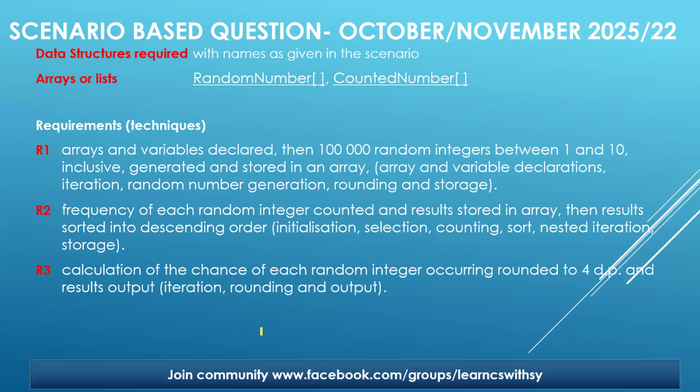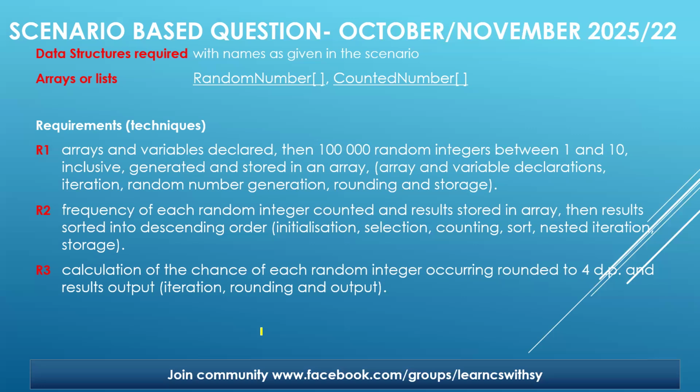Requirement 1: arrays and variables declared. Then 100,000 random numbers generated. Random integers between 1 and 10 inclusive are going to be generated and stored in the 1D array. Array and variable declarations, iteration, random number generation, rounding, and storage. It includes all the things that are needed for requirement number 1.